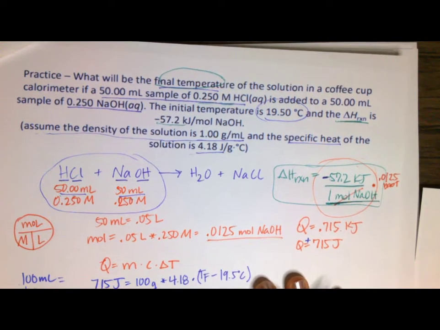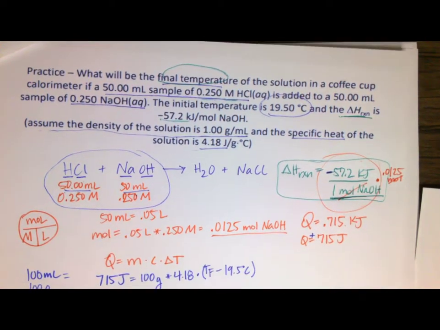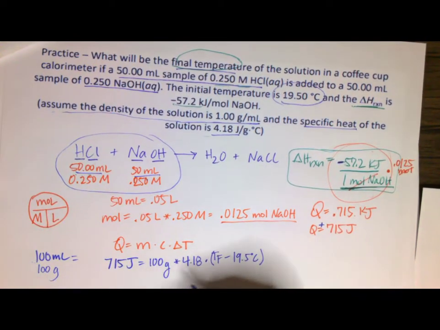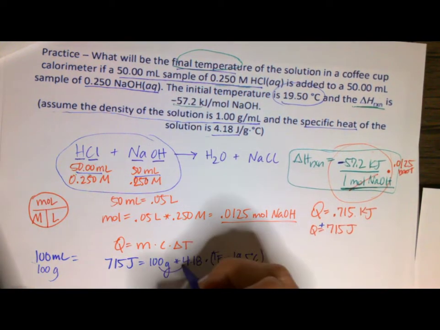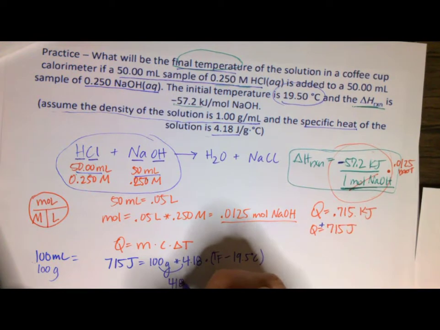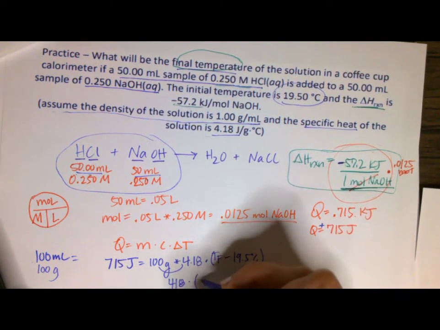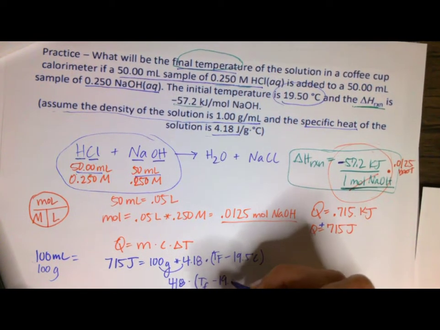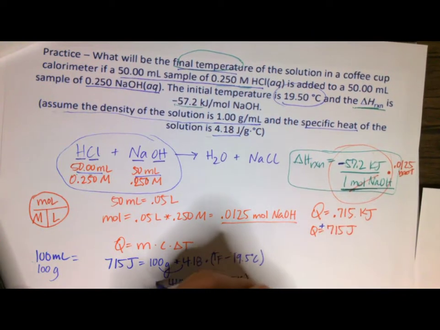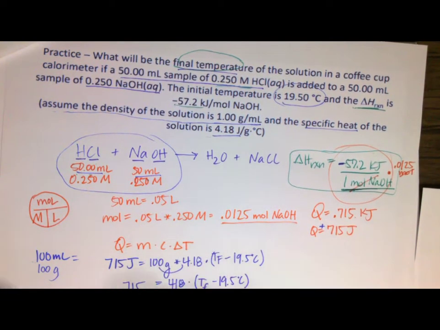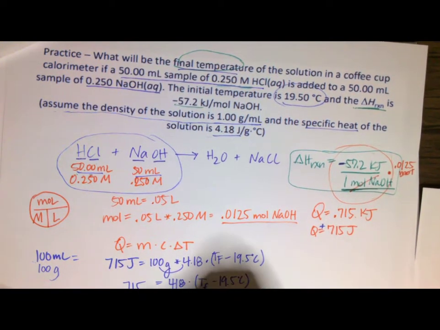So let's do some simplifying. 100 times 4.18 would be 418, right? Times TF minus 19.5 equals 715. So now let's divide both sides by 418.